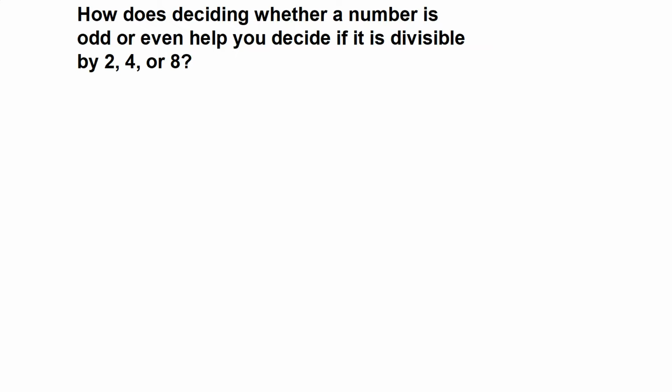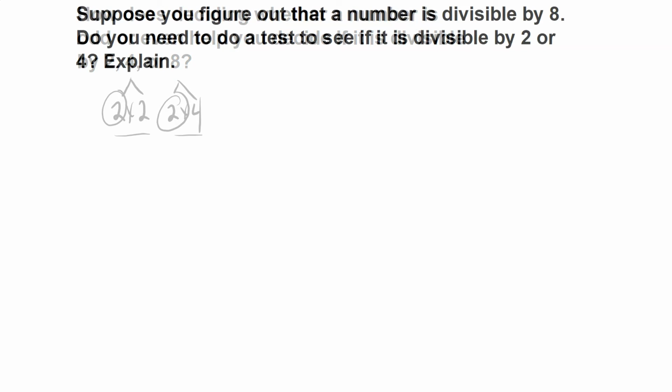If a number is odd, it cannot be divided by 2, and therefore it can't be divided by 4 or 8 either. Because remember, 4 is 2 times 2, and 8 is 2 times 4, which means that if it was divisible by 4 and 8, it would, by definition, also be divisible by 2.